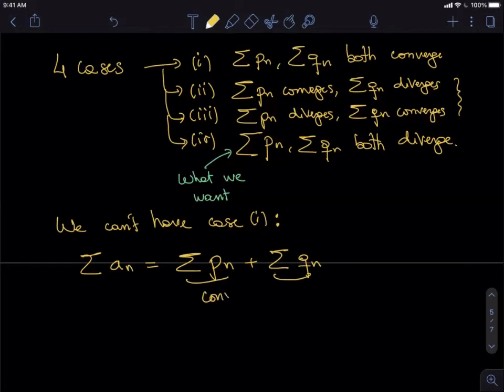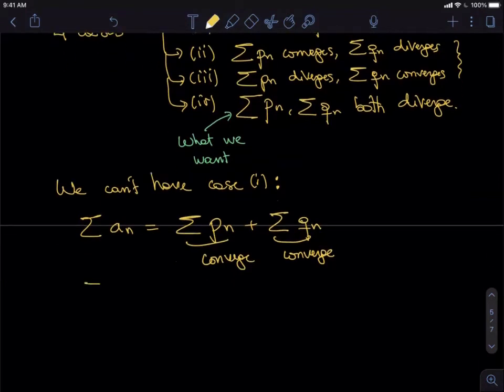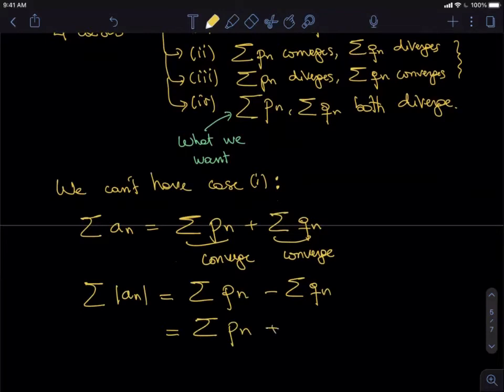If both of them converge, then what I can do is to write the sum of the absolute values of the An as the sum of the positive, those don't change, minus the sum of the negative. This is the equivalent of taking the absolute value of the negative ones. We can write this down as the sum of Pn plus the sum of the absolute value of the Qn.